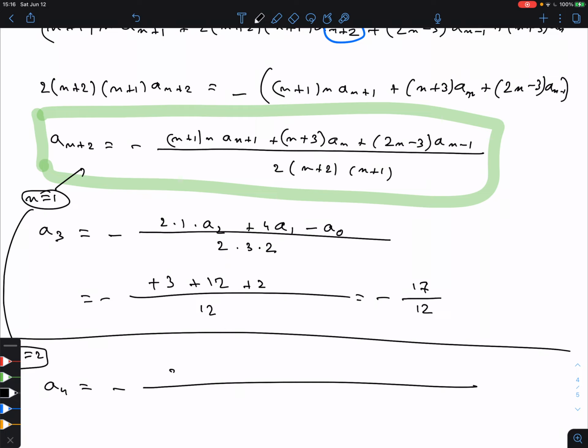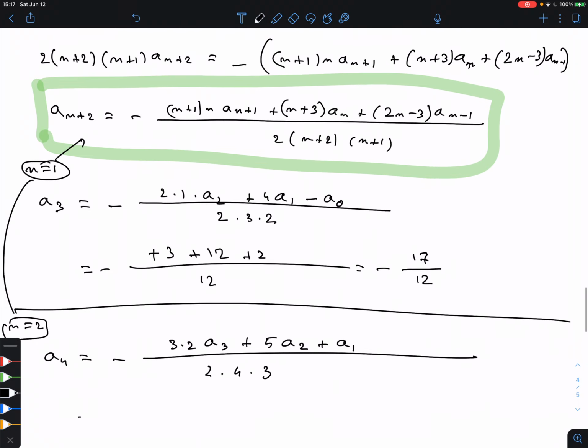That is 3 times 2 times A3 plus 5 times A2 plus 4 minus 1 is 1 times A1 over 2 times 4 times 3.